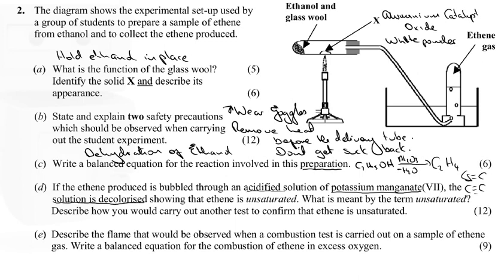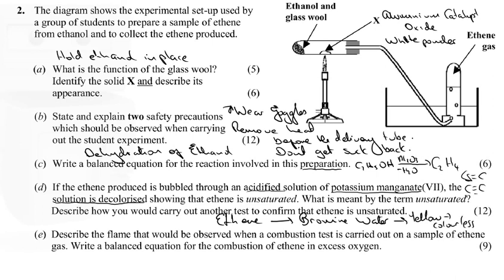There's only one other test we have that's also a decolorization experiment, and that is taking your ethene and bubbling it through what we call bromine water, which is yellow. And bromine water, being yellow, when the ethene passes through it, becomes colourless. It goes from yellow to colourless.